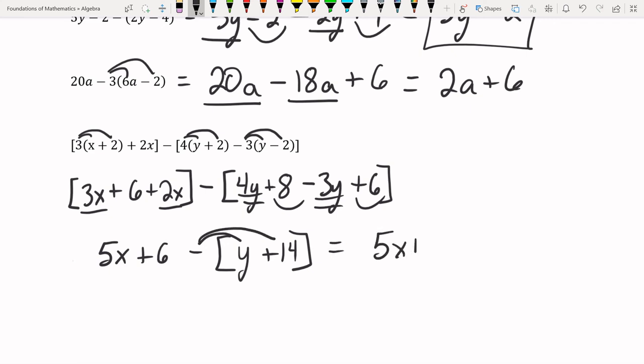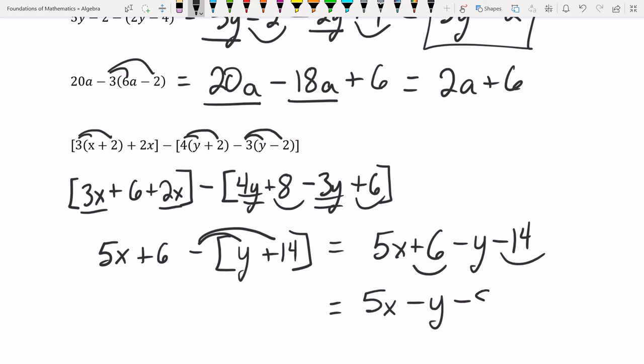That gives us 5x plus 6 minus y minus 14. And now you see we have like terms again. 6 minus 14 is negative 8. 5x minus y minus 8.